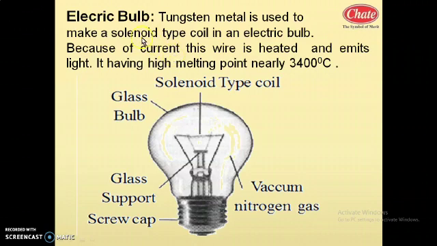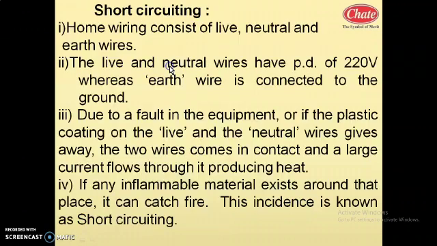So we have studied examples of heating effect of electric current such as electric cooker, electric oven, electric geyser, electric bulb, electric press. All involve an electric coil which has very high resistance.